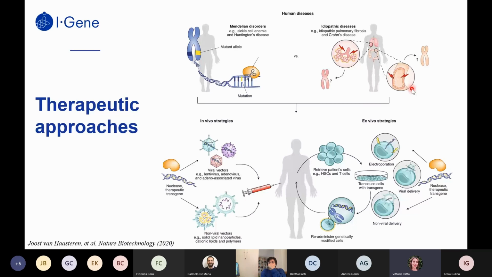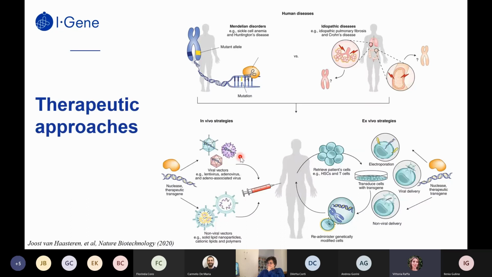There are some issues that we want to solve, and I want to focus on that. But before starting with the practical discussion, let's make an introduction: how can we use the CRISPR-Cas9 system to make therapy on humans?